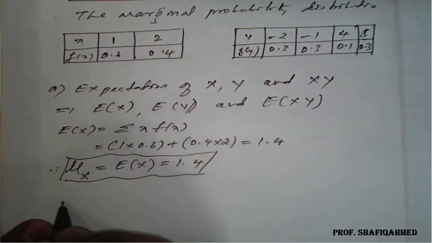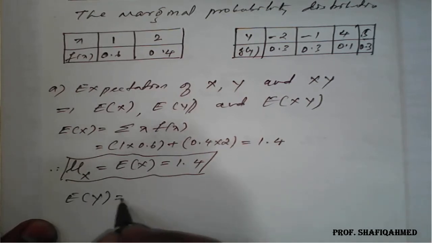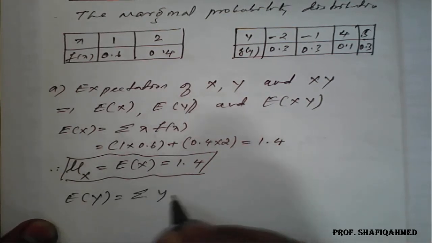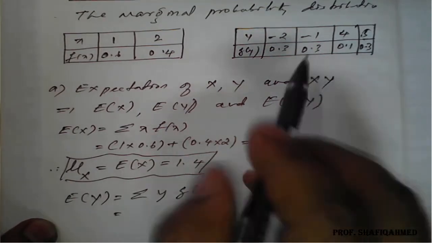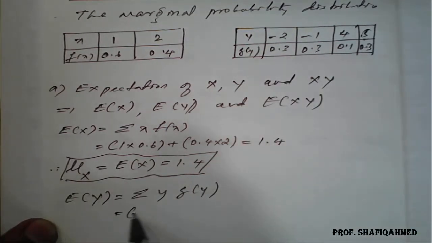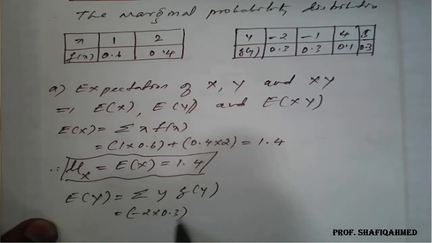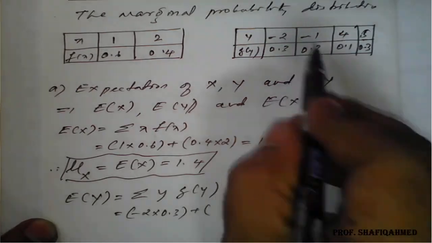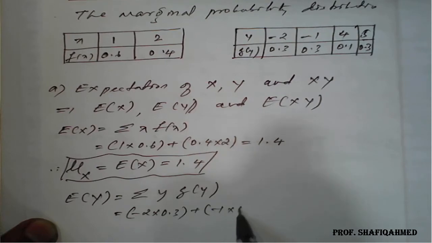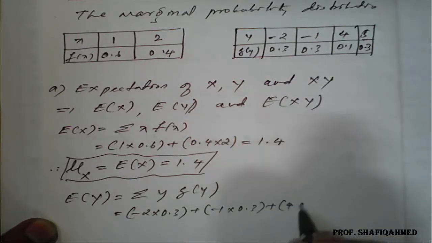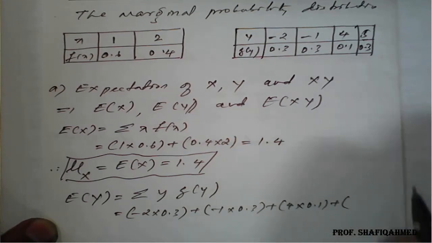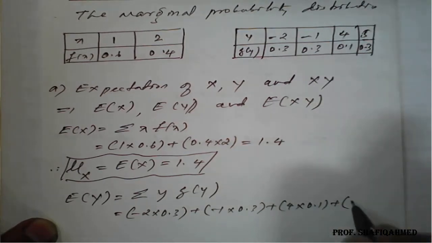Next, we'll go for the expectation of y, which is the summation of y into g of y: minus 2 into 0.3 plus minus 1 into 0.3 plus 4 into 0.1 plus 5 into 0.3.